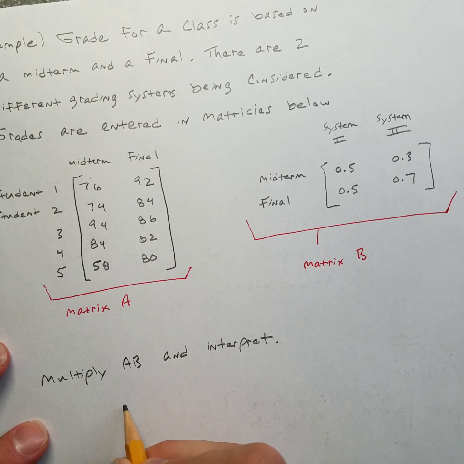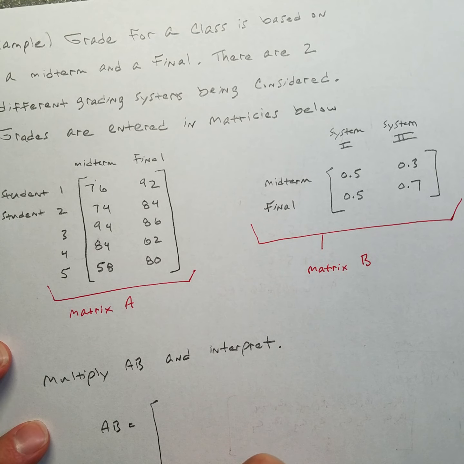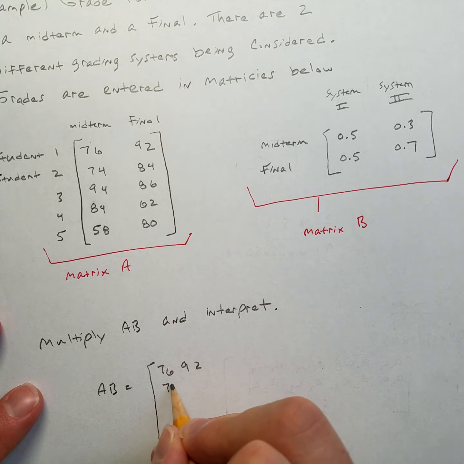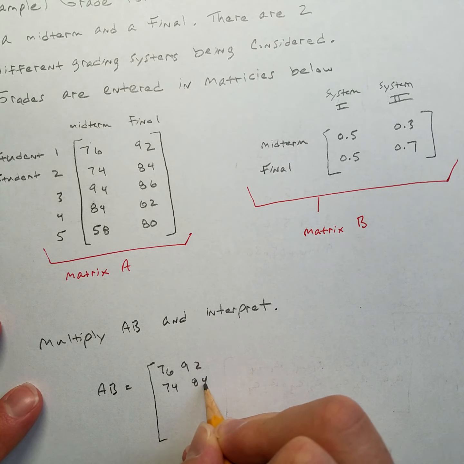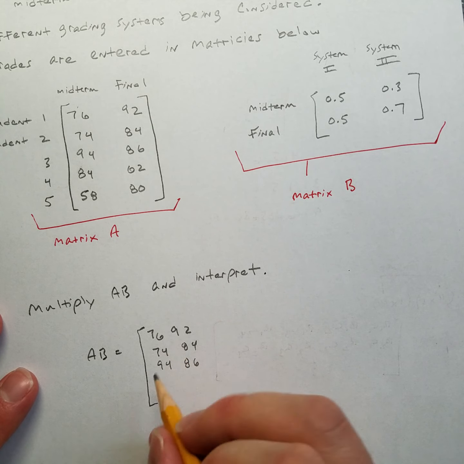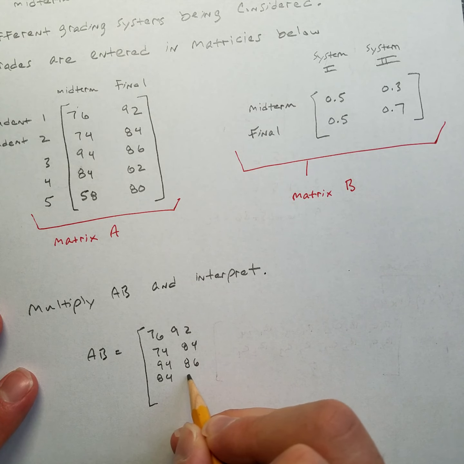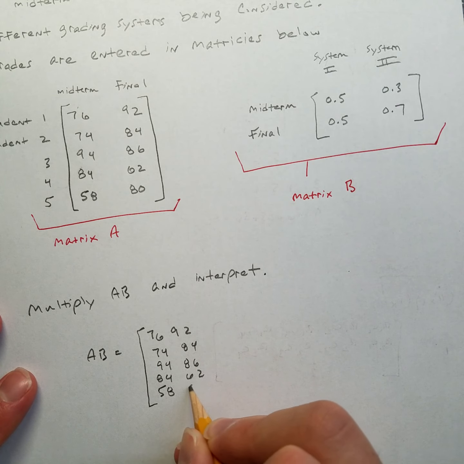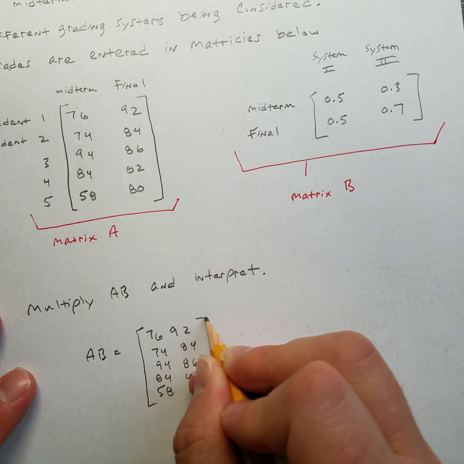Okay? All right, so A times B is going to be 76, 92, 74, 84, 94, 86, 84, 62, 58, and 80.